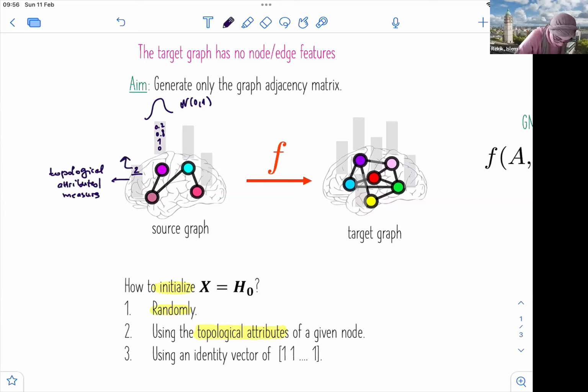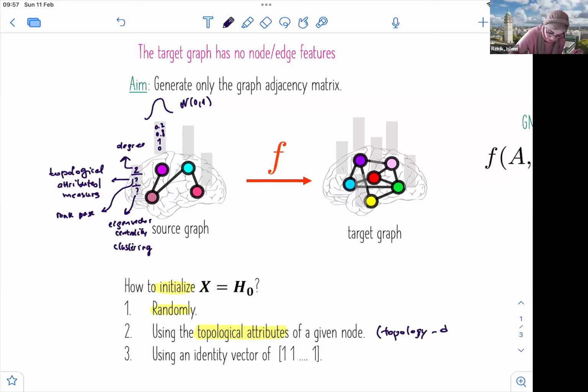We can also put different values here, such as different topological measures like PageRank, eigenvector centrality, or the clustering coefficient to detect segregation properties in a network. There are many attributes that we can derive from the topology itself. So this is topology driven.